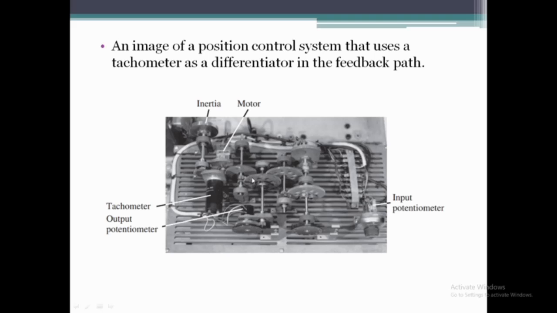We can also see that the output potentiometer has a connection to the tachometer, which is this part, and the tachometer has a connection through this junction over here, and this junction is connected to the gears, which forms a small loop within the system.